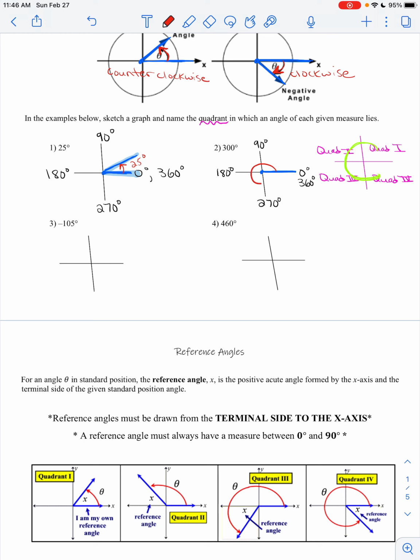Past 90, past 180, past 270. And I'm going to end somewhere over here. So here's my angle, and it's a 300-degree angle.